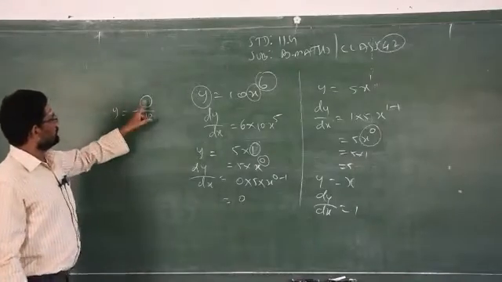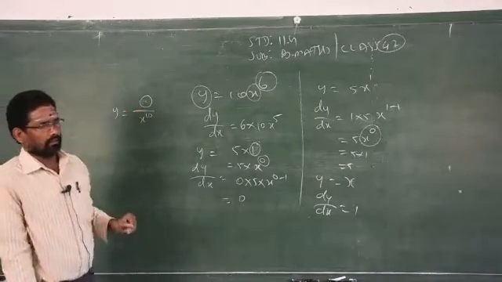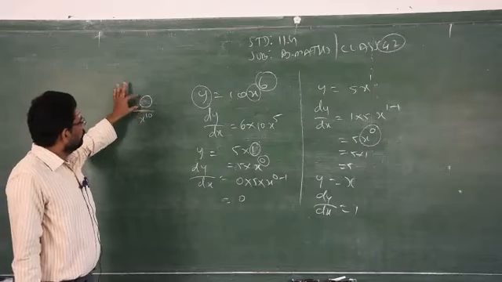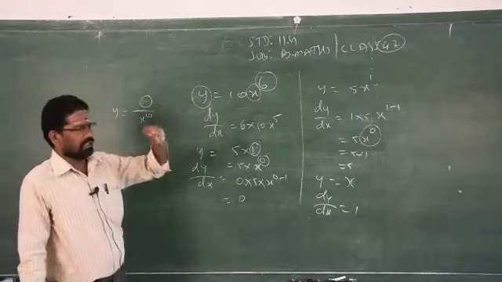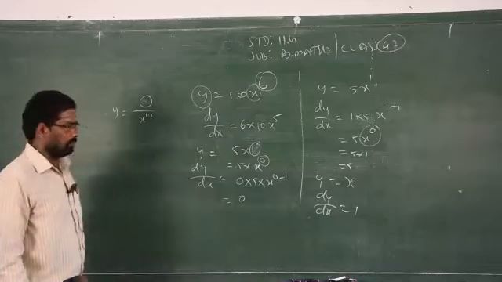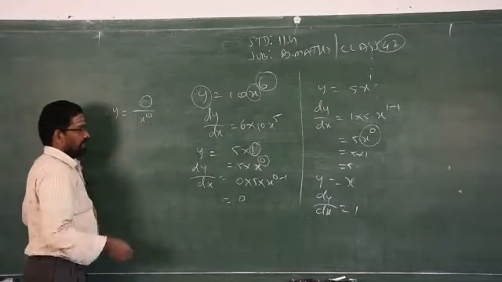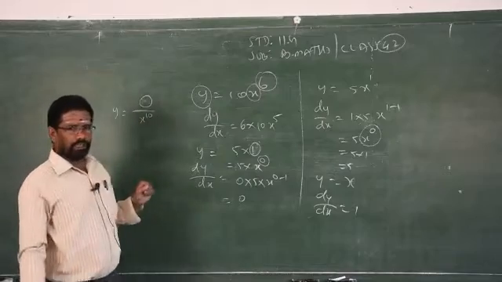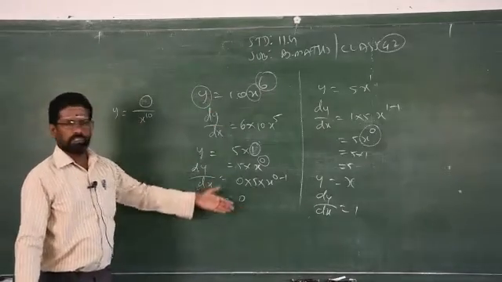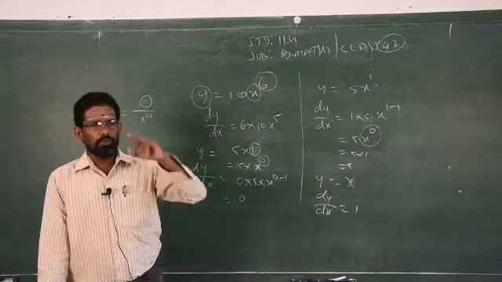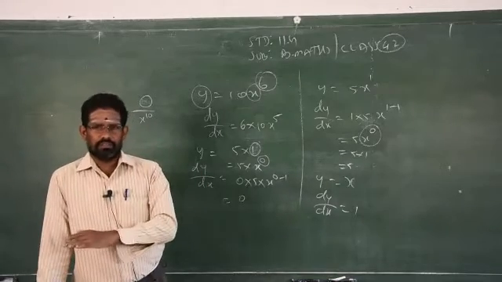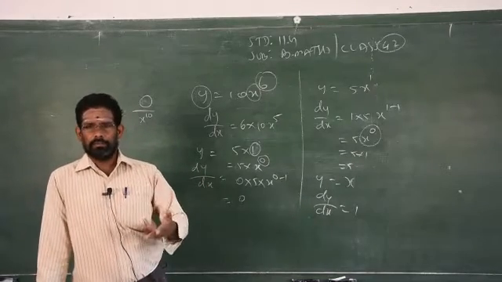If x is in the numerator, then we have another method. When the numerator has any constant or number, negative or fraction, whatever it is, and the variable is only in the denominator, not in the numerator, this is the process. When the variable is present in both numerator and denominator, we have one more method. Clear? That we will see later.